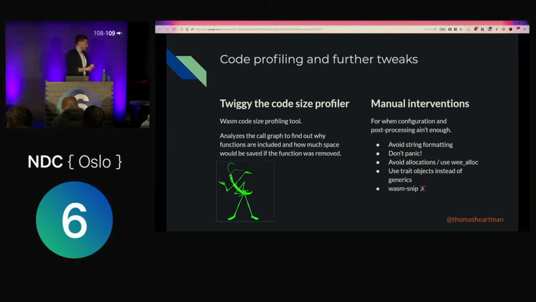One, avoid string formatting. Obviously, this causes allocations because you can't know the size of a string. So the less you can do that, the less space you need in the binary. You want to avoid panics. Rust doesn't have exceptions, but a panic is when something happens and it just throws its hands up and it's like, I don't know what to do, and it just exits.